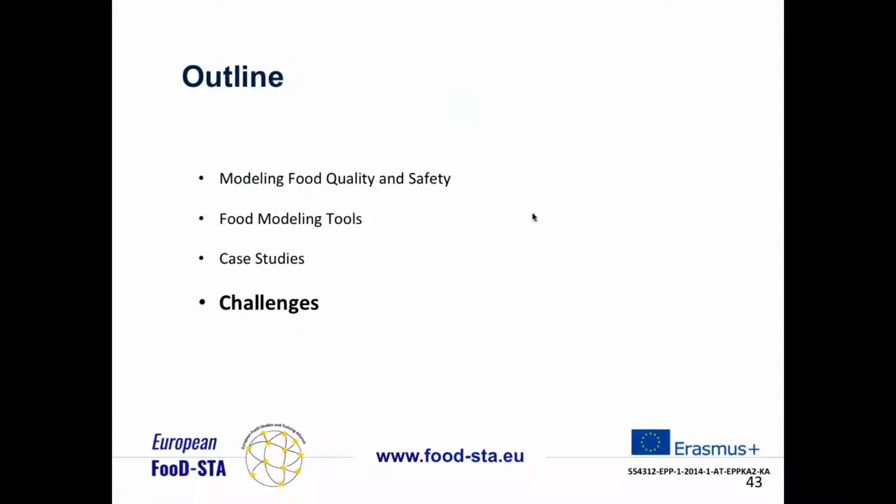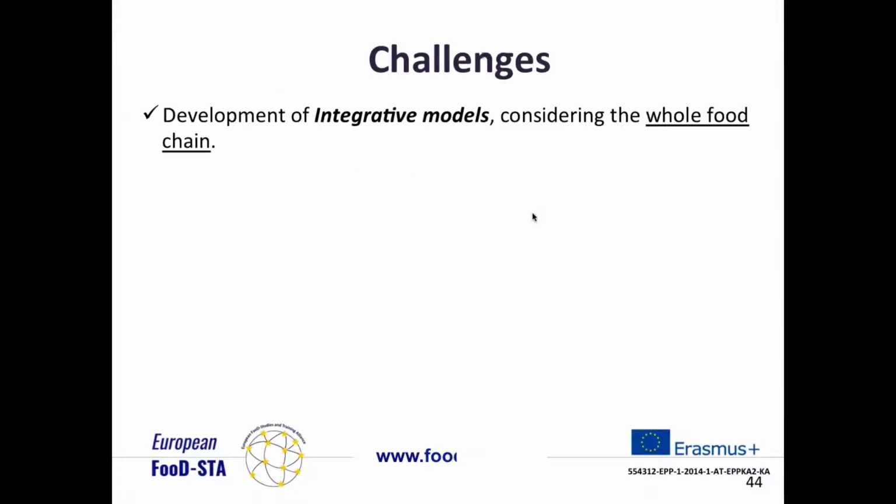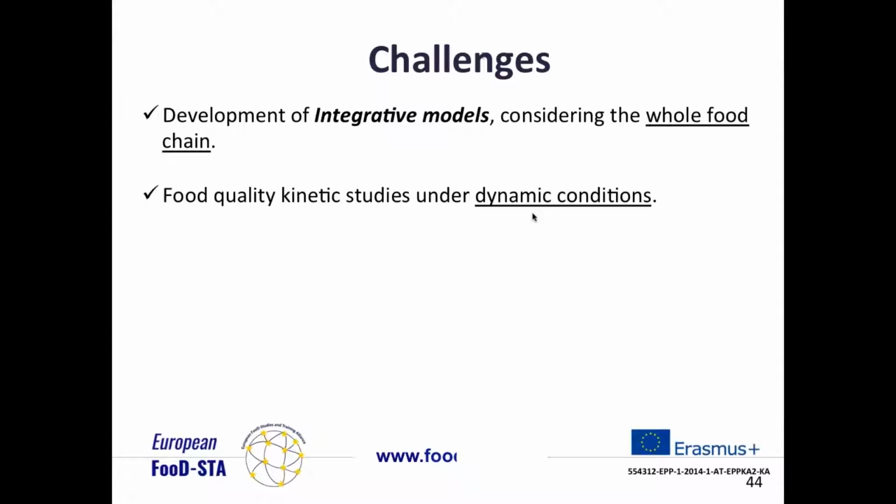So, what are the challenges in this field? The first one is the development of these models considering the food chain, because the final quality of a product depends on all steps of the food chain.